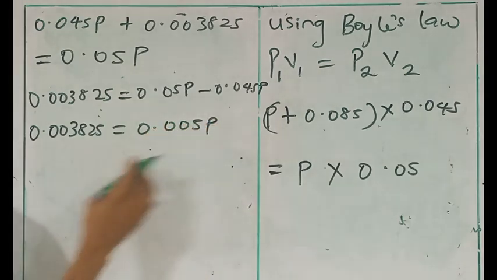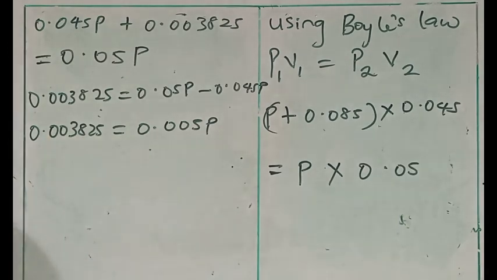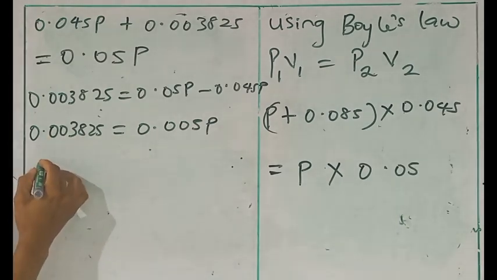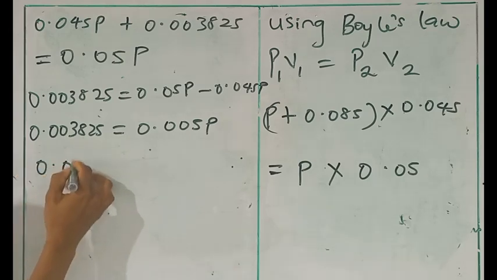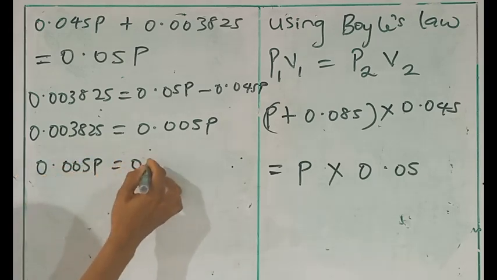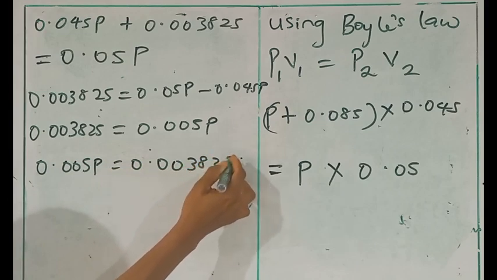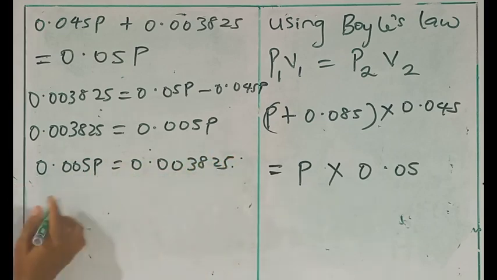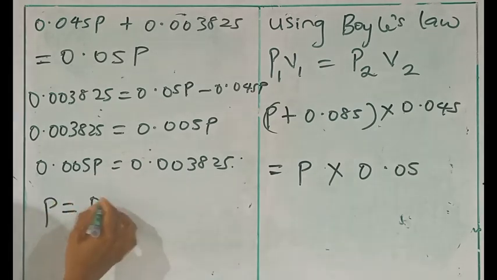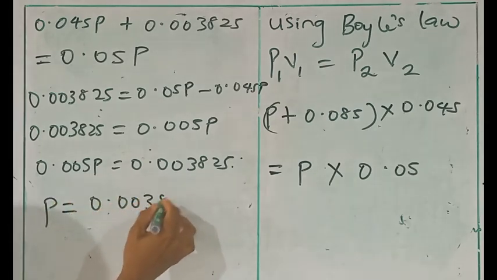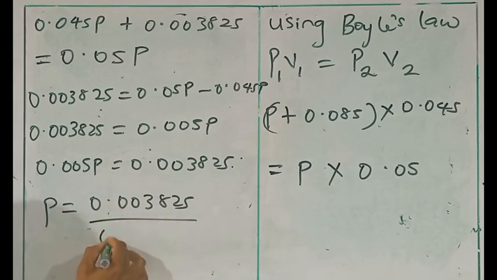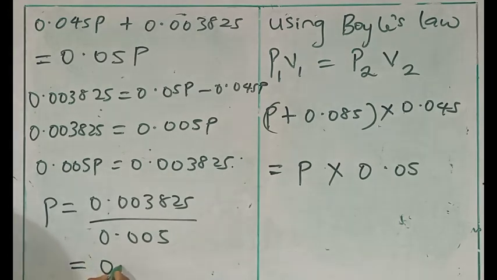So we divide both sides by 0.005 so that P will stand out, and our answer, if we divide that, is 0.765.